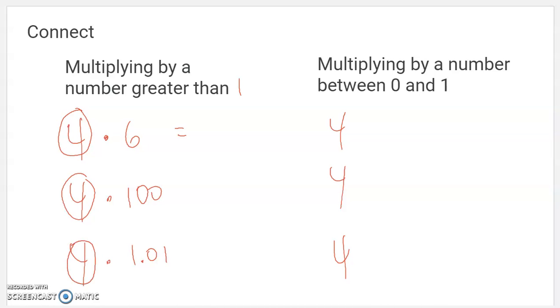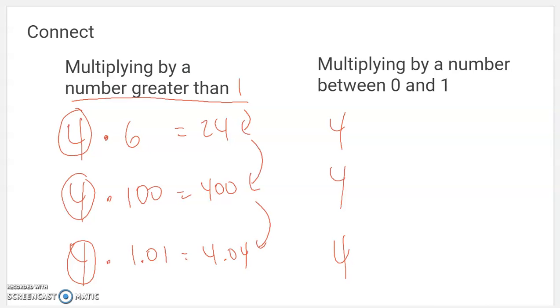So all of these are going to give me something greater than 4. 24 is greater than 4. 400 is greater than 4. 4.04 that I would get in this one, greater than 4. If you multiply by something greater than 1, you get something greater than you started with, is the key here.